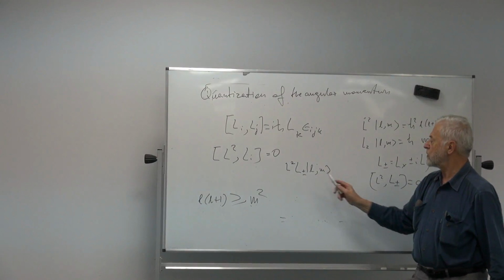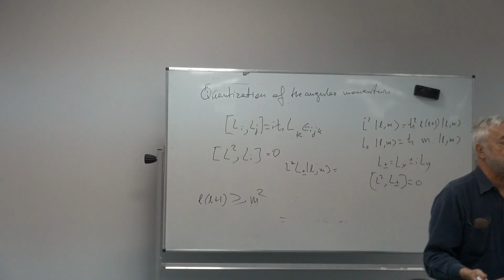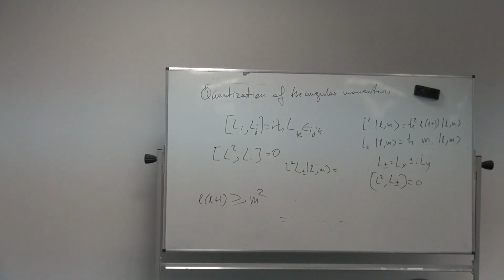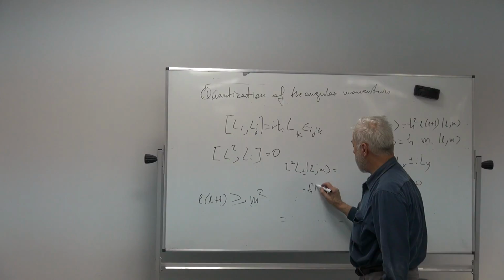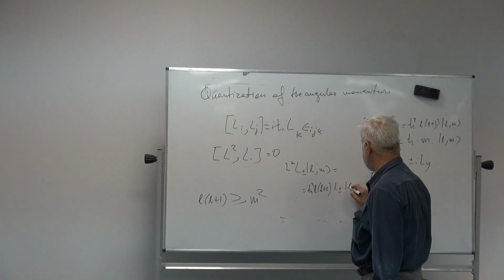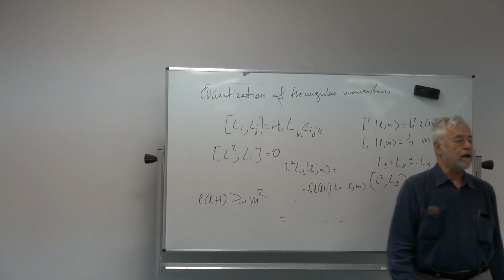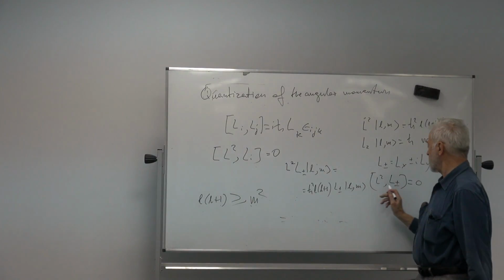I know that for L squared, this is an eigenvector with the eigenvalue h bar squared times L times L plus 1. Yes. So I'm getting h bar squared L times L plus 1 times L plus minus Lm. Okay, that's very nice. It means that L plus and L minus do not change L. Yes, it's also an eigenstate with the same eigenvalue.